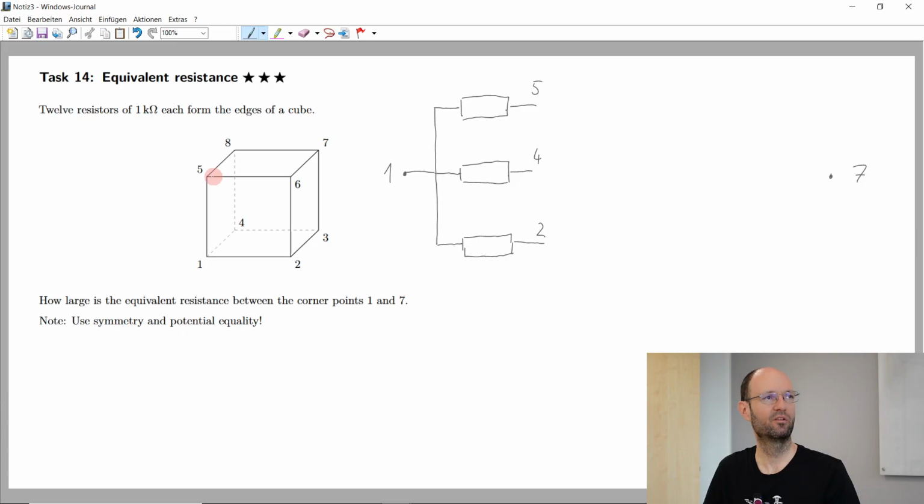And so if we look, from each of these corners we have 2 more choices. So from 5, we could go to 8 and to 6.